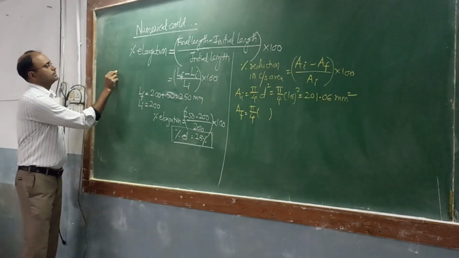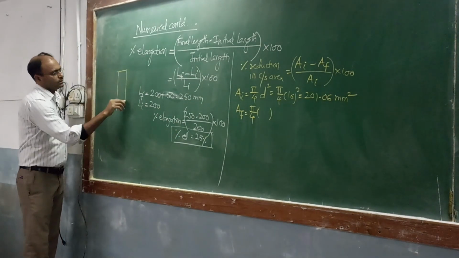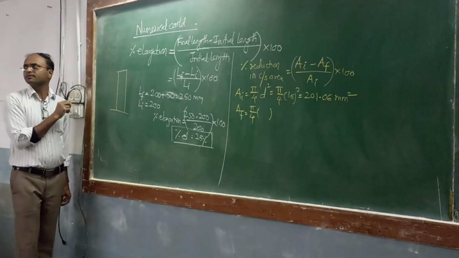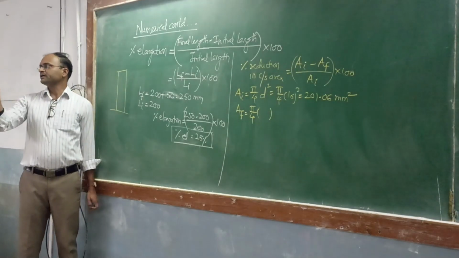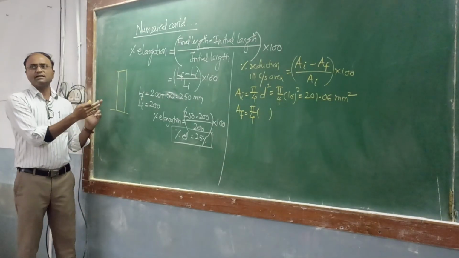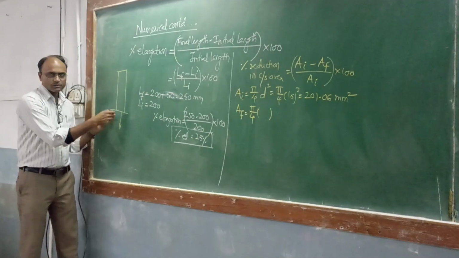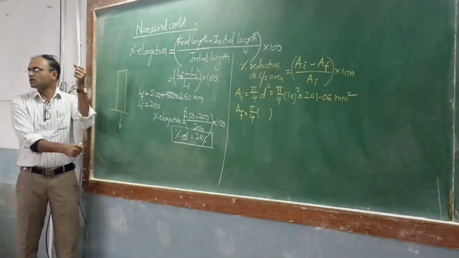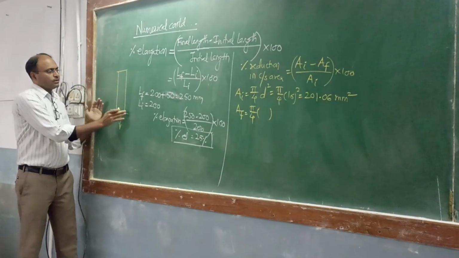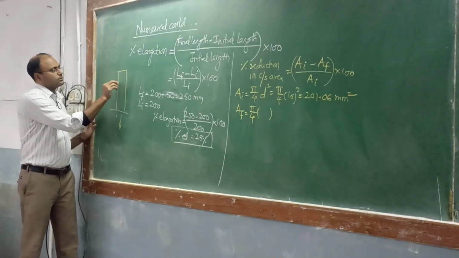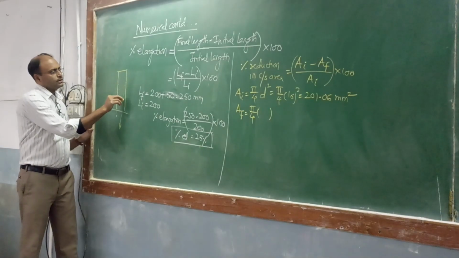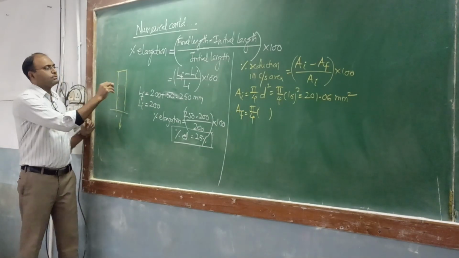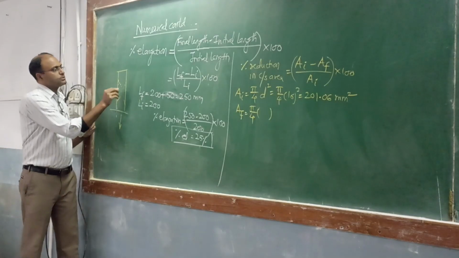Again I repeat in brief. Initially the bar is like this. We are applying which force? Tensile force on the rod. As the length of the bar increases, the diameter goes on reducing like this. At one stage, the diameter becomes minimum.